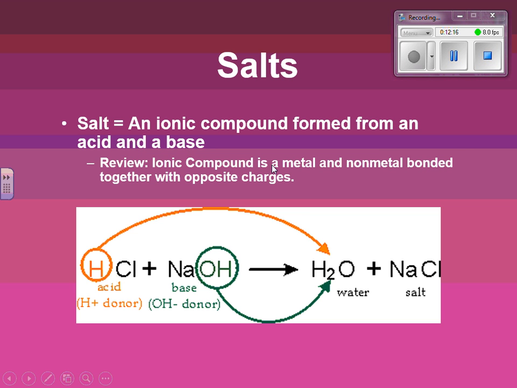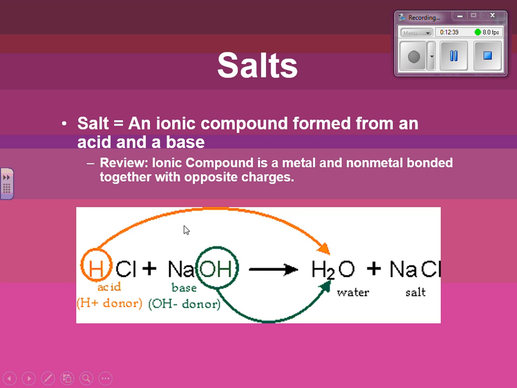So now a quick review. An ionic compound is something that has a metal and a non-metal bonded together with opposite charges. In this case, we have an acid. Remember, this is an acid because there's a hydrogen donor. And sodium hydroxide here is a base because, well, this is saying an OH donor, but generally speaking, it's going to take on this hydrogen.